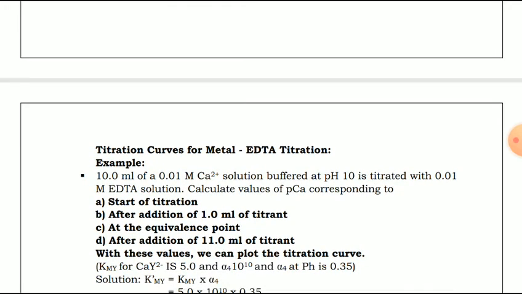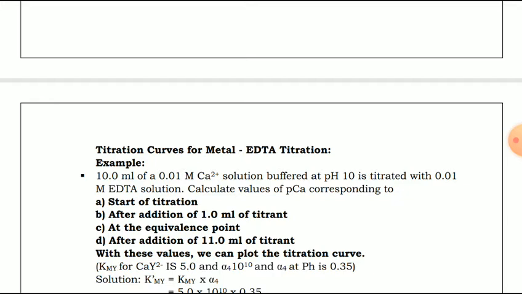Solution: K'MY is equal to KMY into alpha 4. This K'MY will be the absolute formation constant, and KMY is the absolute stability constant.